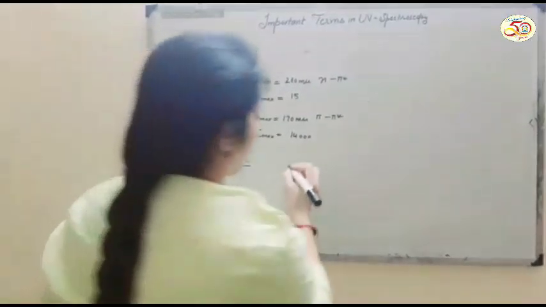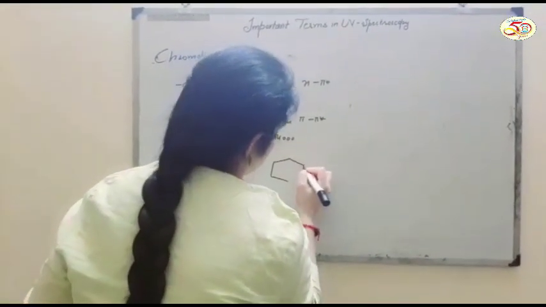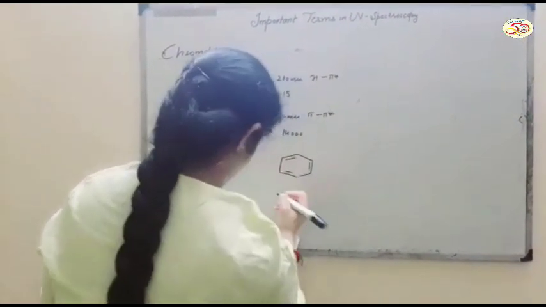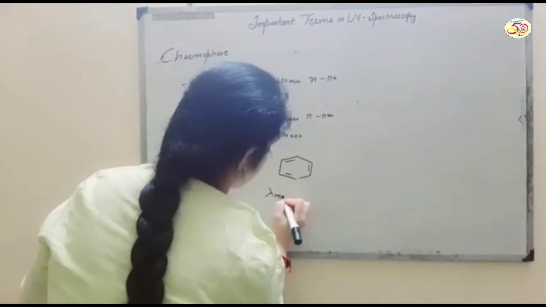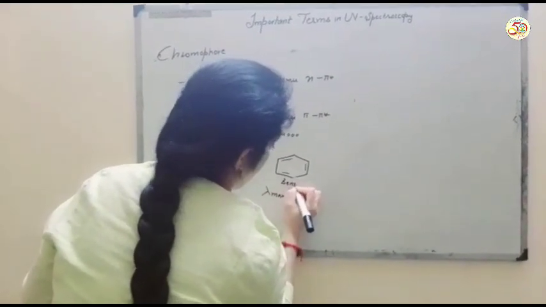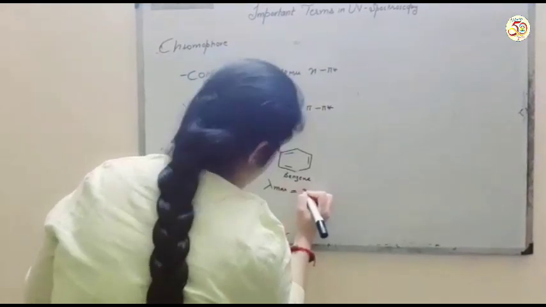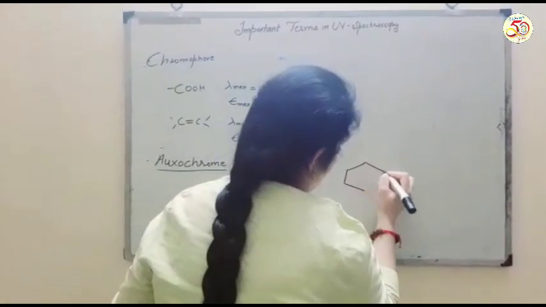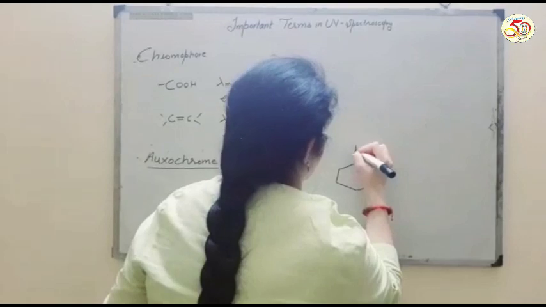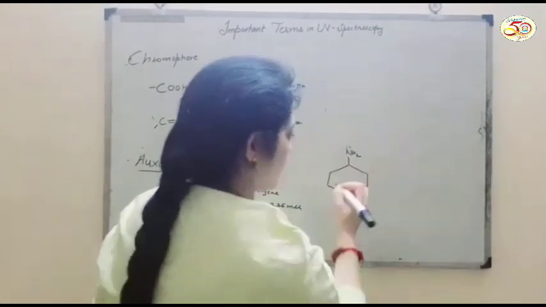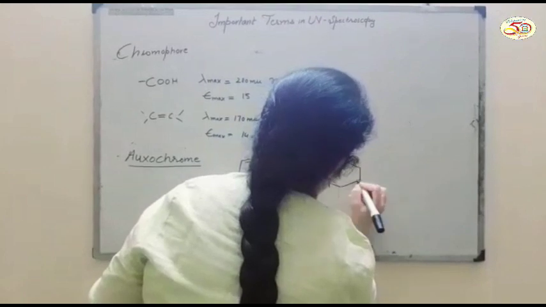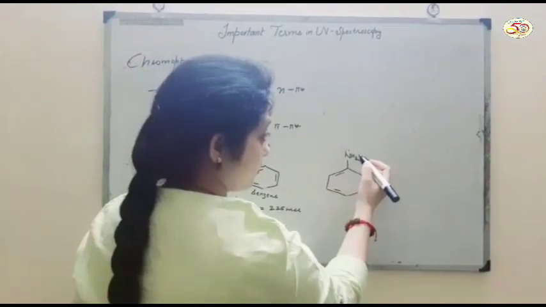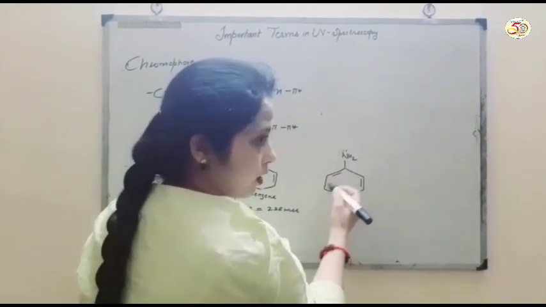For example, our benzene molecule absorbs lambda at 225 millimicron. But if we attach an NH2 group to the benzene molecule, this NH2 group causes resonance with the pi electrons of the ring.